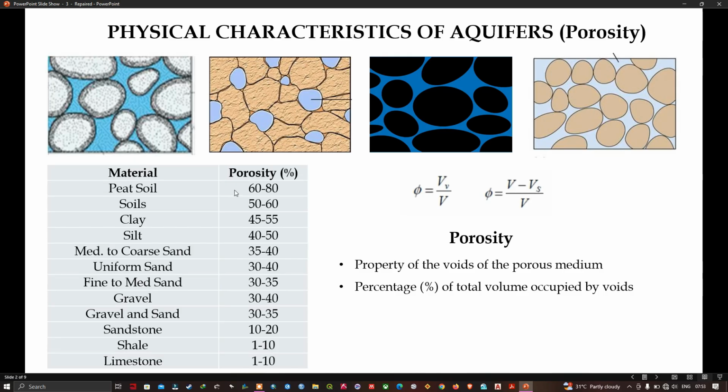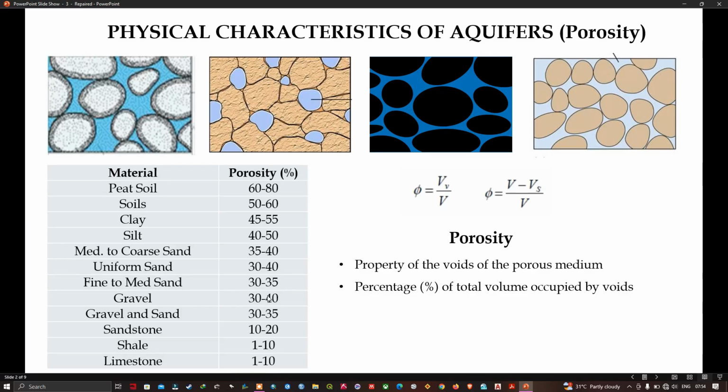These are the different materials, and the porosity of these different materials is given here in this table. As you can find here, the clay has a porosity of 45 to 55%, which is considered a large number, while the gravel has a porosity ranging from 30 to 40%, which has a larger soil particle size and a smaller porosity.